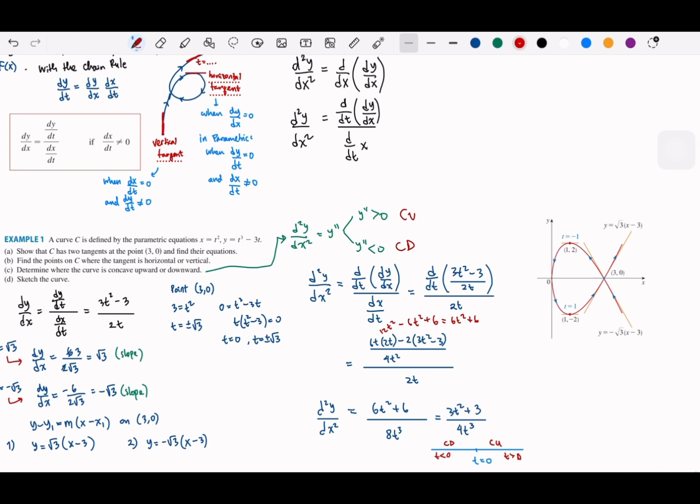Let's say here's -1, and we see that it is concave downward. And when t equals 1, or when t is positive, it is concave upward.